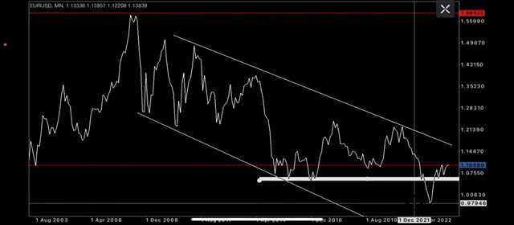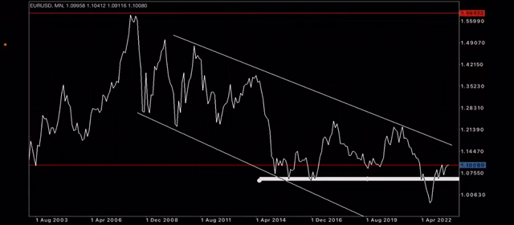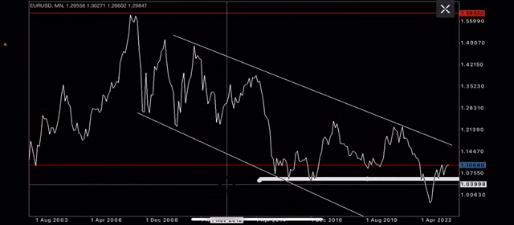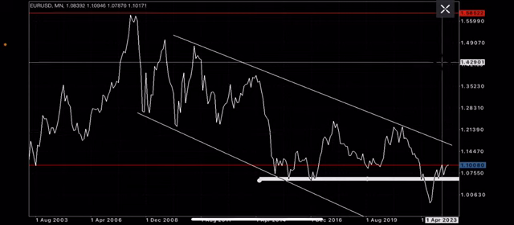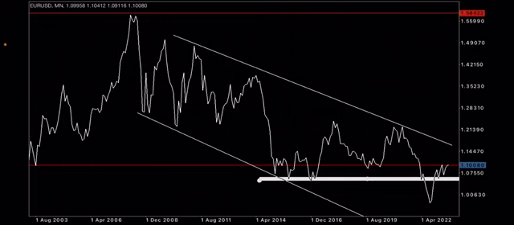But then it broke, confirming that, looking at this structure on our monthly time frame, we are currently in a downtrend, meaning we're looking for the structure to respect our highs and break our lows. As you can see, Euro USD is respecting our highs and breaking our lows.